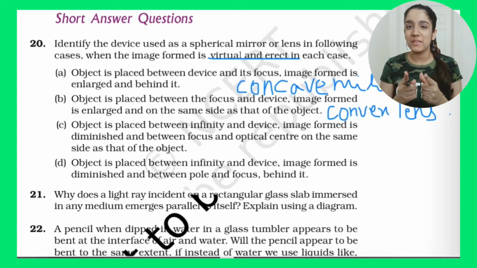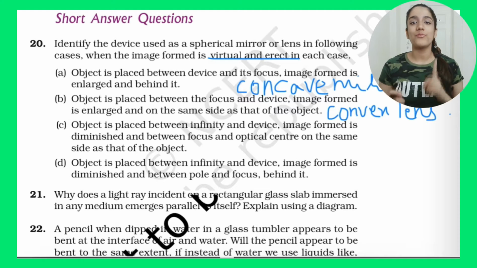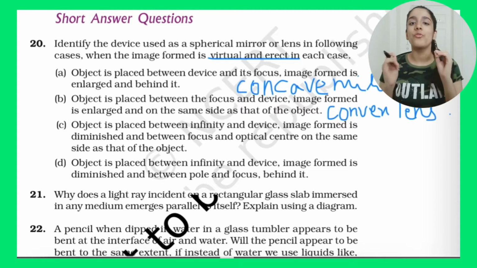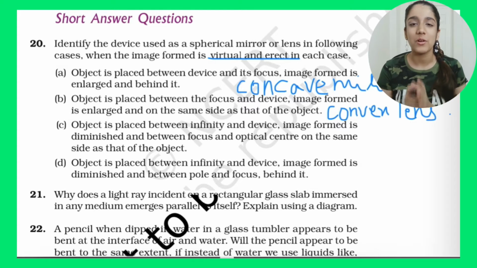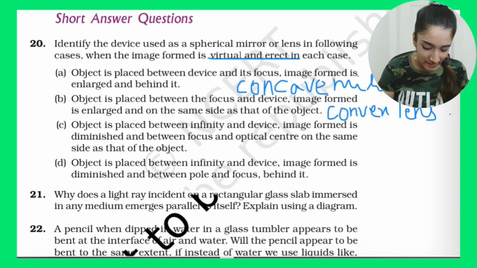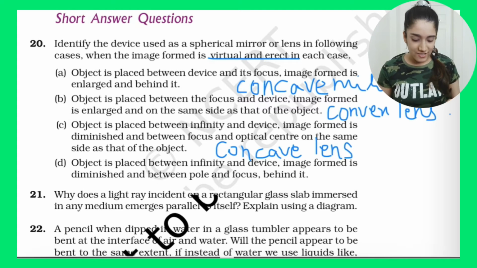So same side means a lens, and here they have given us that a diminished image is formed. So here the diminished image will be formed by a concave lens and not a convex lens, because the virtual image formed by a convex lens is always enlarged. So here the answer would be a concave lens.